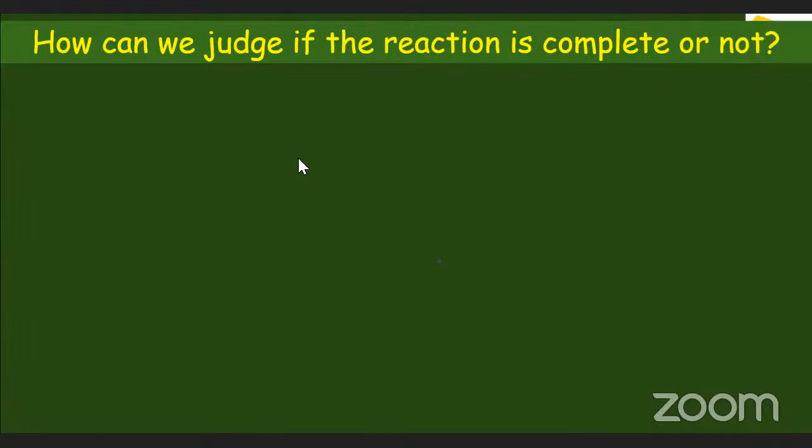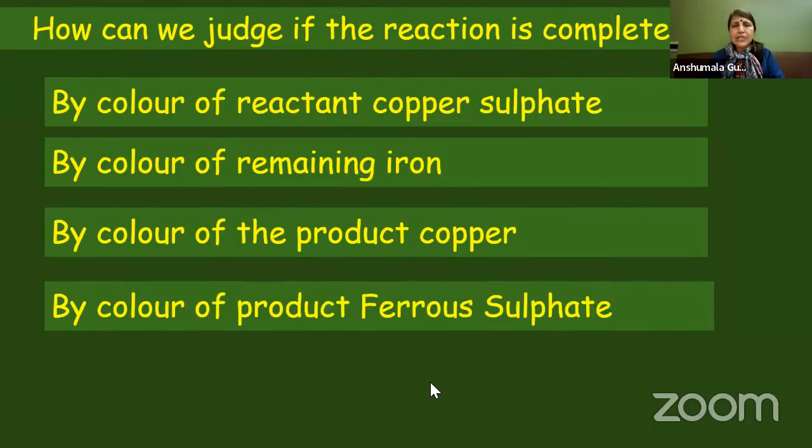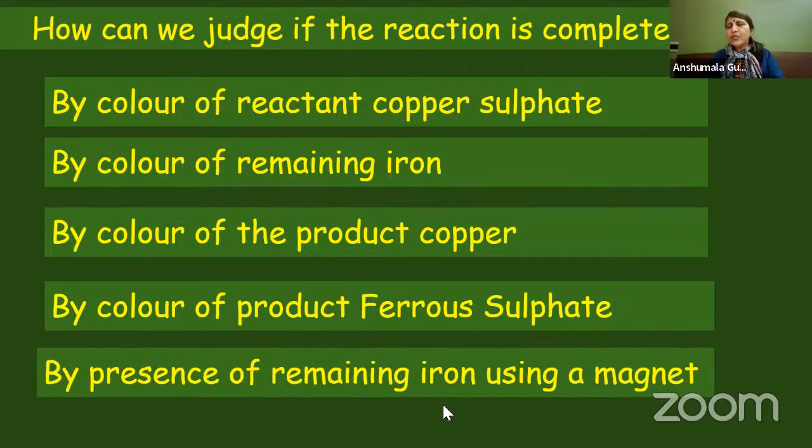This copper sulfate converted into ferrous sulfate, that color change from blue to green. Yeah, so we should get more of a green color, and similarly gray to brown. Yes, thank you. That's what we are saying here. So the color of both reactants, the color of both products, and also the presence of iron shown by the magnet. This reaction is good because all these indicators are there for us to see.